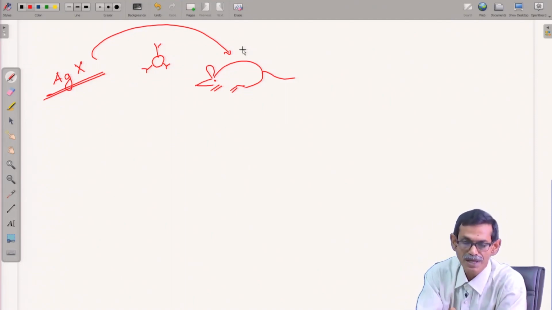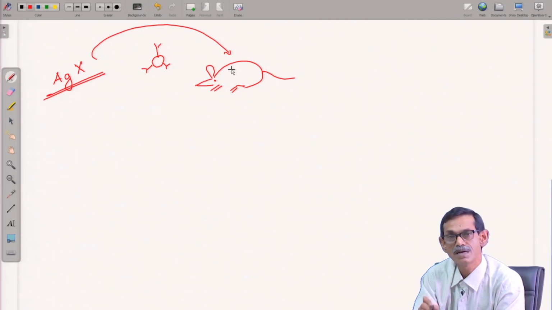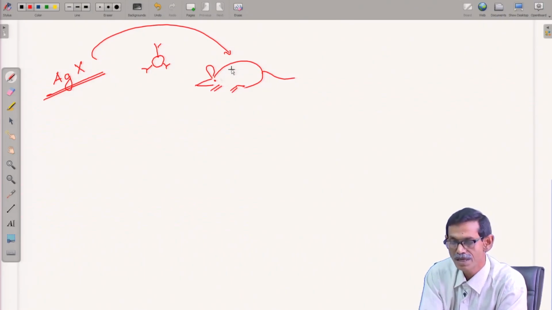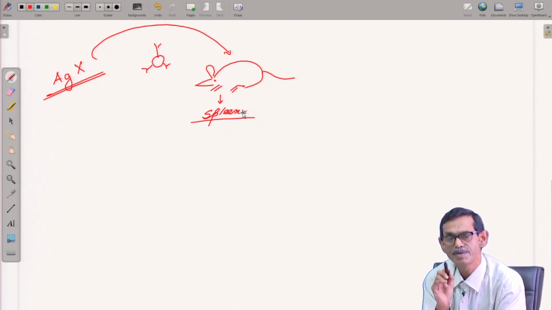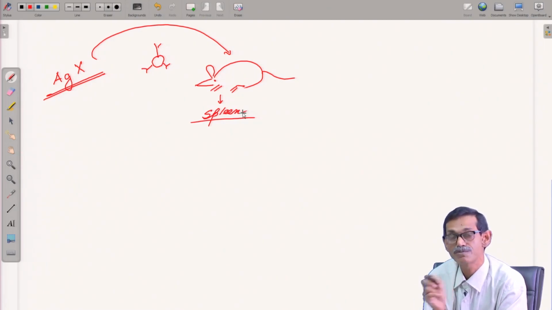So, what will happen if I inject antigen, say 1 time, 2 times, 3 times, depending on how good your antigen is. After, say, the second booster, I will isolate the spleen, because from the spleen I will get many B cells which are already primed with that.